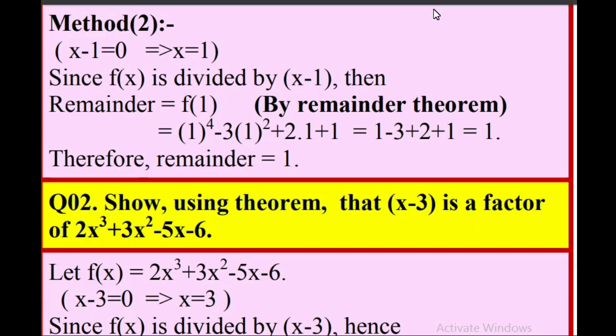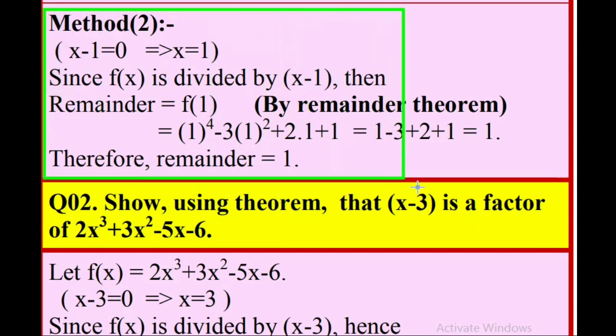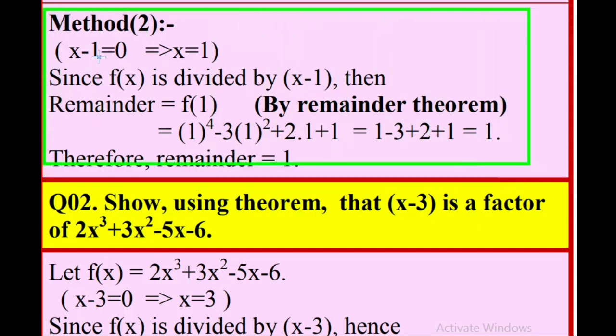Now let's see another process. In this second process, I am taking the value of x as 1 to make x minus 1 zero, which is the divisor. So here I take the help of the remainder theorem, and let's see how to write.